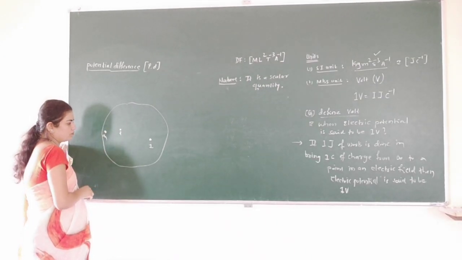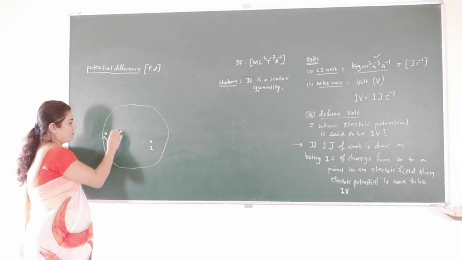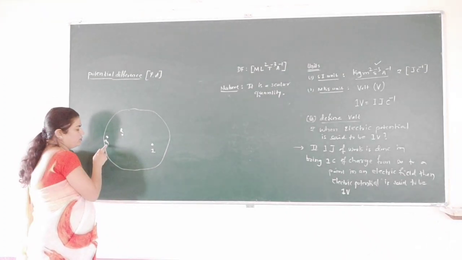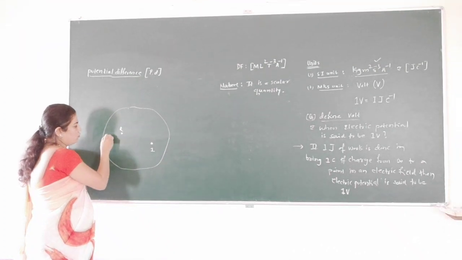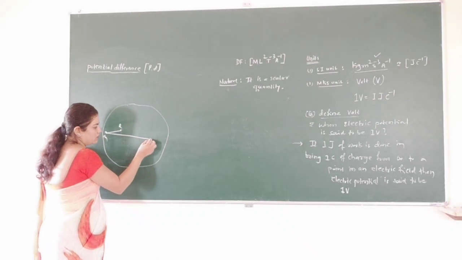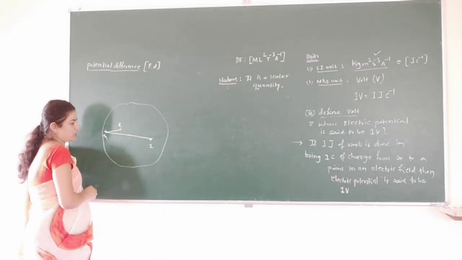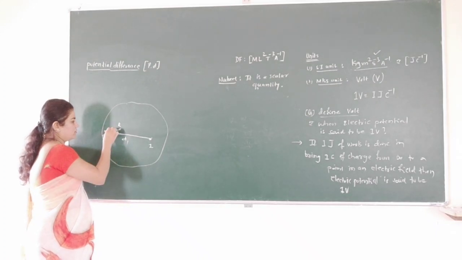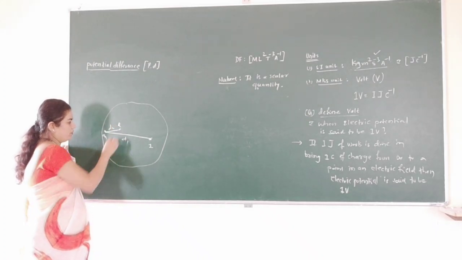The 2 points are located in an electric field from this source charge. So 2 is nearer to the source charge and 1 is a little away from the charge. I call this distance D1 and this distance D2.